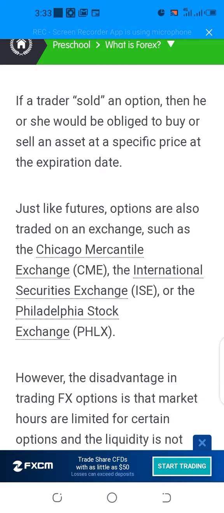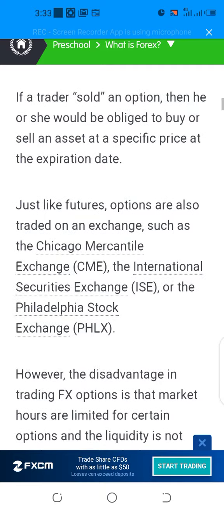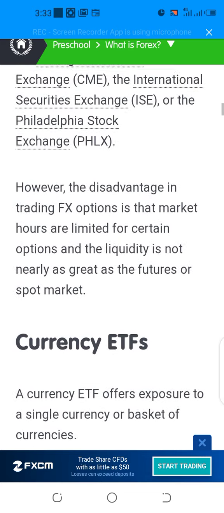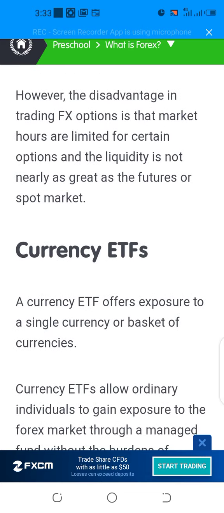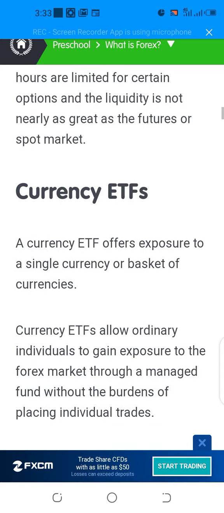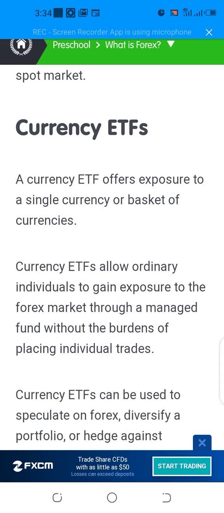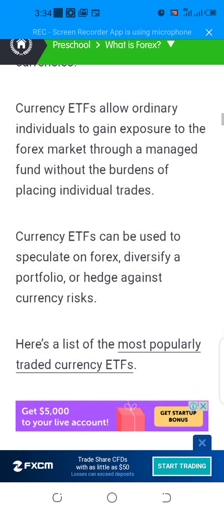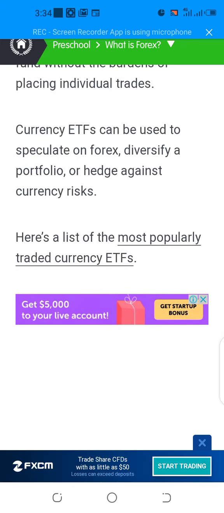This means we buy above the market price or sell below the market price. And we have the stop loss order. This is used to prevent additional losses. We also have the trailing stop. This is a stop loss that moves as price moves.